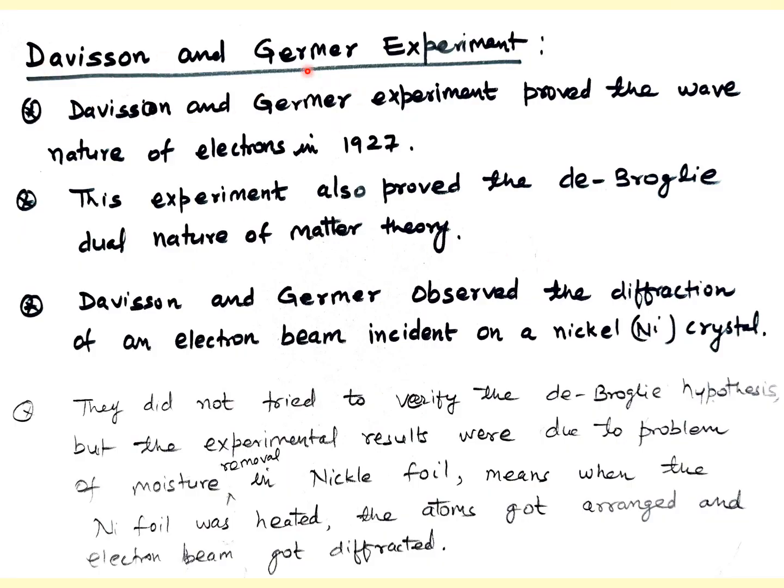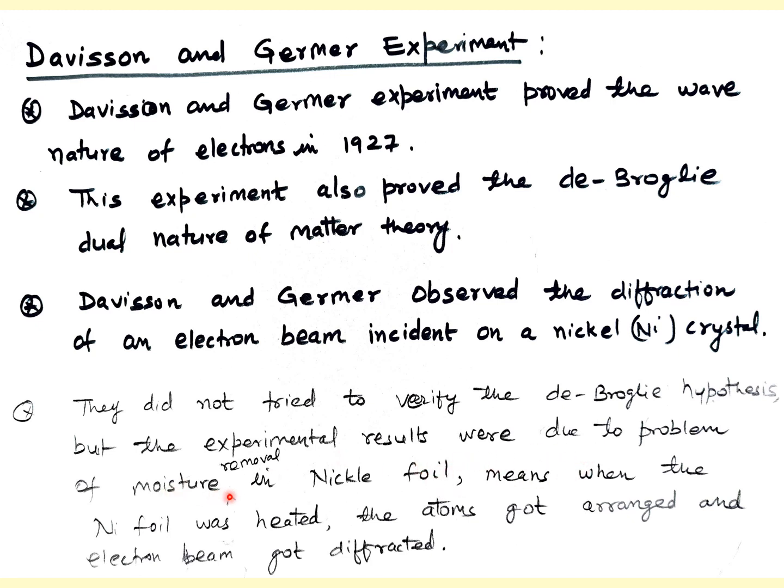Now we discuss the Davisson and Germer experiment, which proved the wave nature of electrons in 1927, and it also proved the de Broglie waves. They observed the diffraction of an electron beam incident on a nickel crystal, and they did not try to verify the de Broglie hypothesis, but this was an accidental experiment.